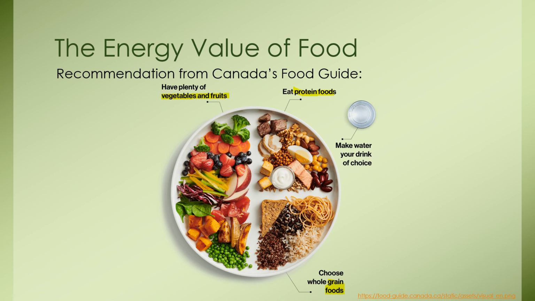And water all the time. You drink water of your choice, but it's always better to opt for plain water, not juice, not anything else, okay? Drinking water is the healthiest way you can be. So that is the idea of how you should eat daily to be healthy.